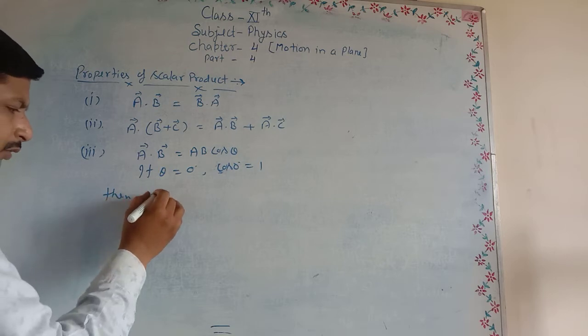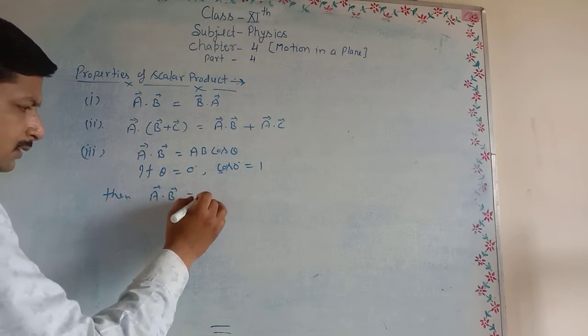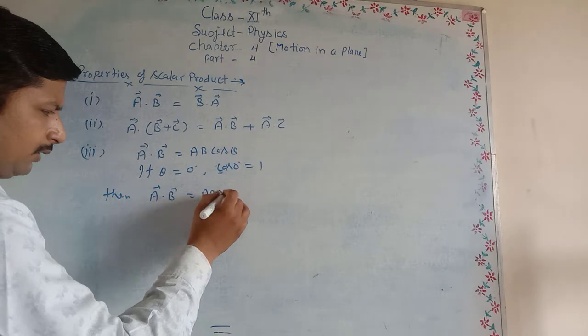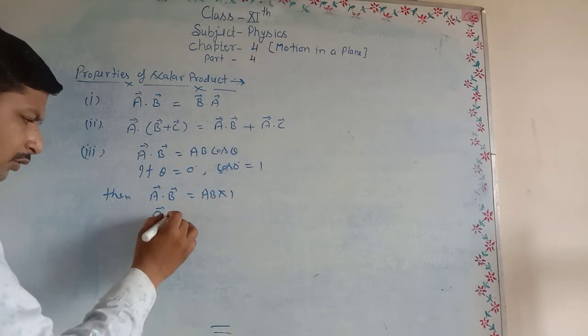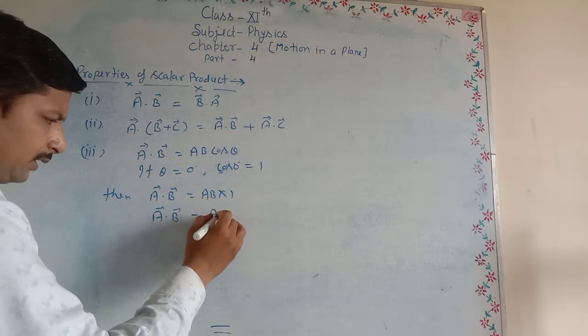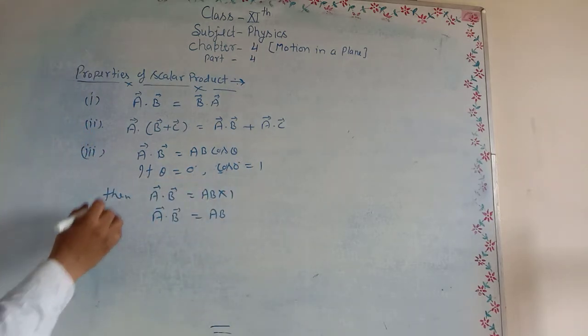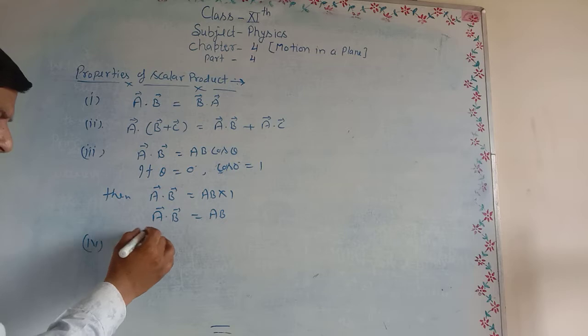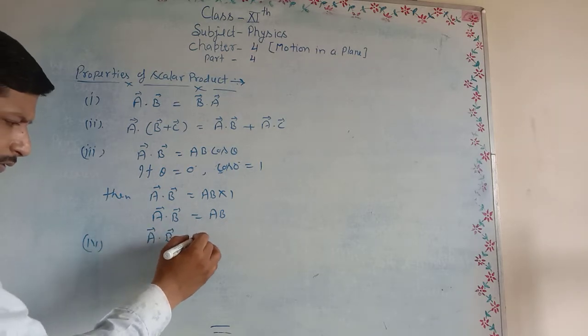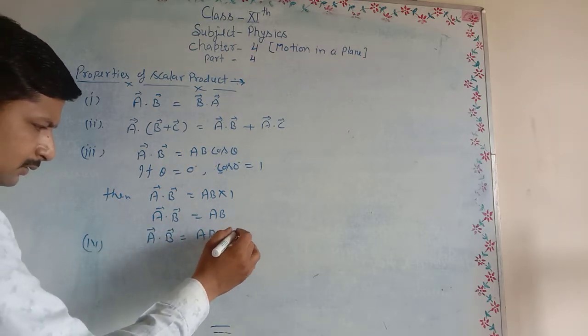Then A dot B is equal to AB into 1, it means A dot B is equal to AB.